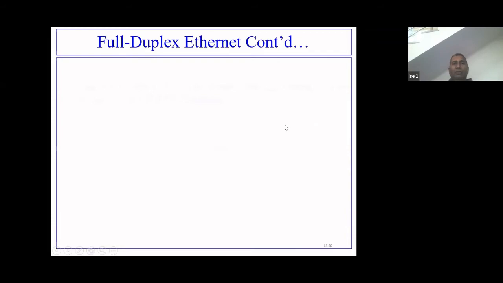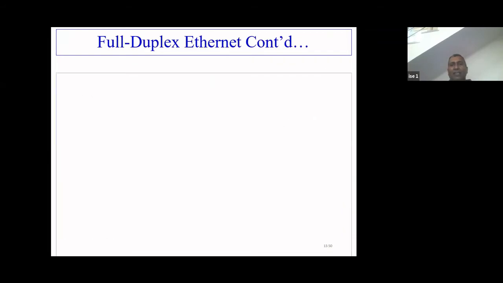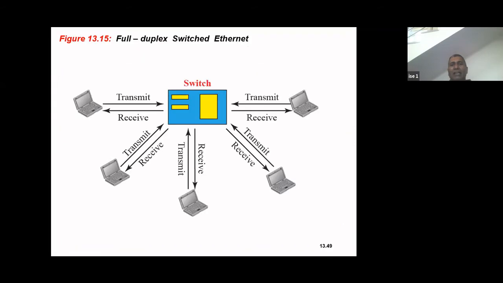And there was no need for, as you had seen in 10 base T, 10 base 2 and 10 base 5, carrier sensing being used to avoid the collision. CSMA/CD means the moment a collision is detected, a station is supposed to desist from sending the frame.